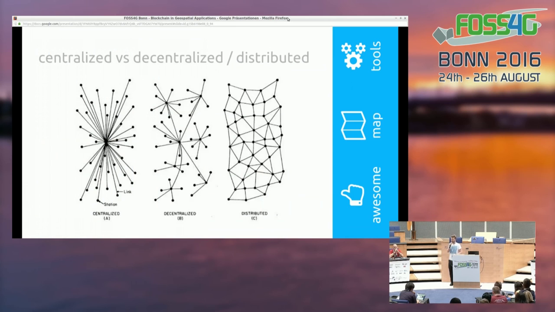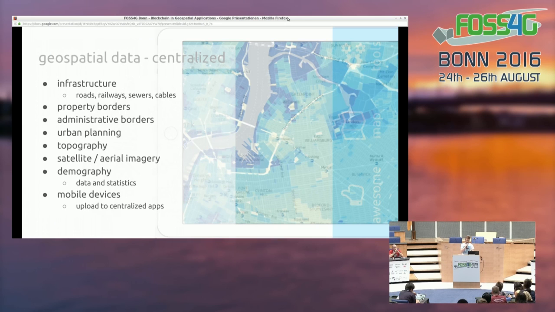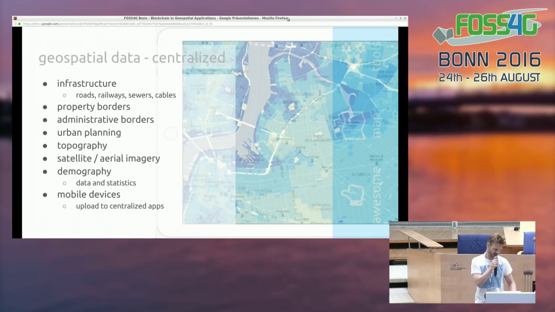A distributed system is what we see to the right on this figure. A system where all the partakers are communicating directly with each other peer-to-peer. But when we look at a map, practically all the data we see visualized on the map represents in one way or another centralized structures or organizations, or at least the data has been acquired and distributed in a centralized way.